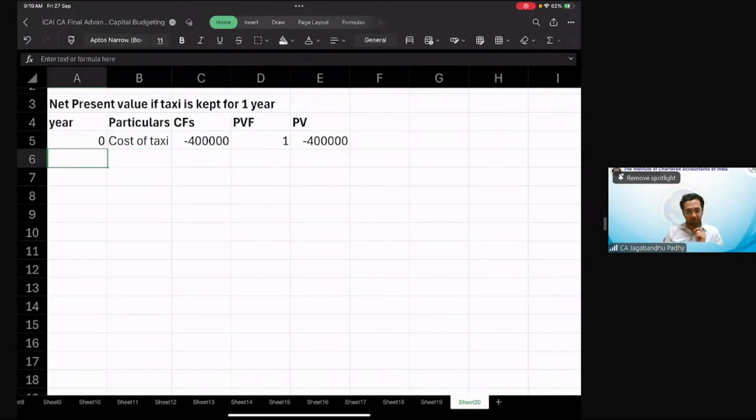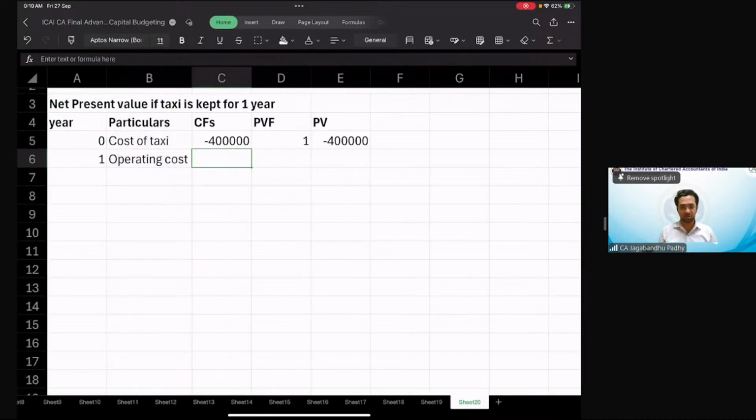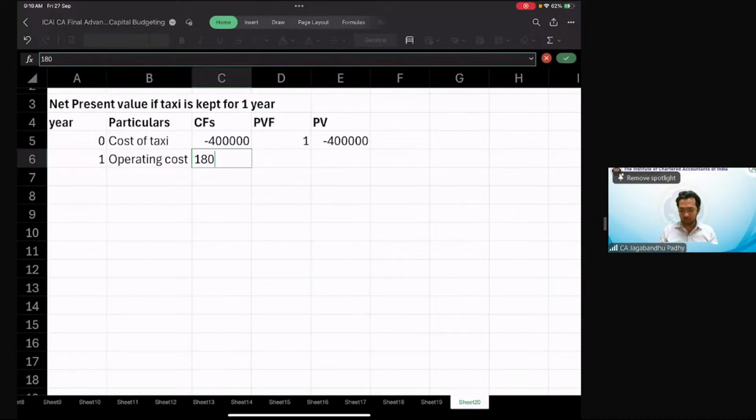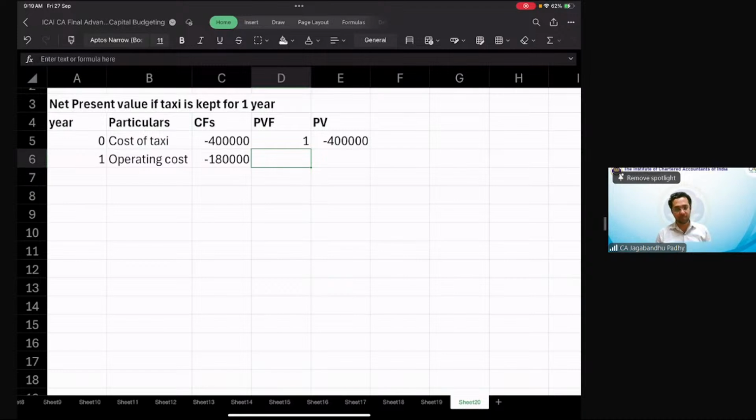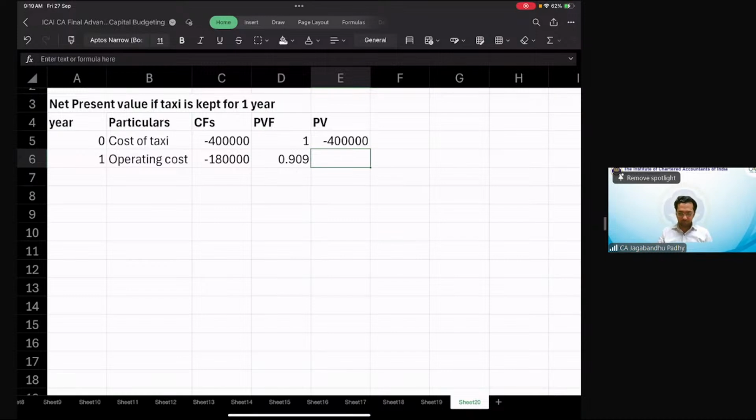Then since you're going to replace it after 1 year, in the first year you will have an operating cost of running the taxi for 1 year, which is 1,80,000. What will be the present value factor at 10%? Can I say 0.909? And then it is cash flow multiplied by PV factor.